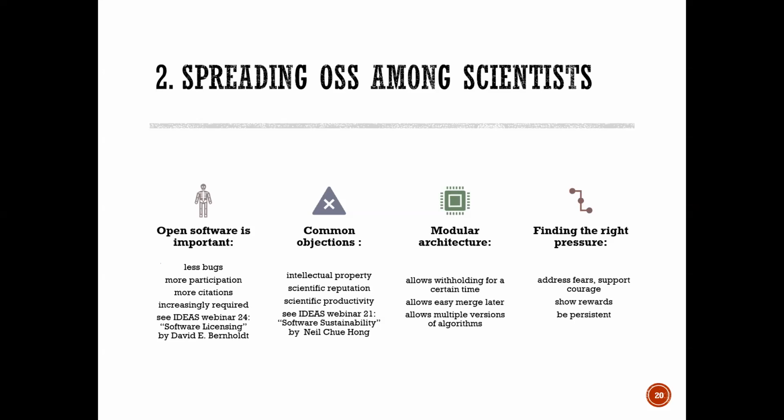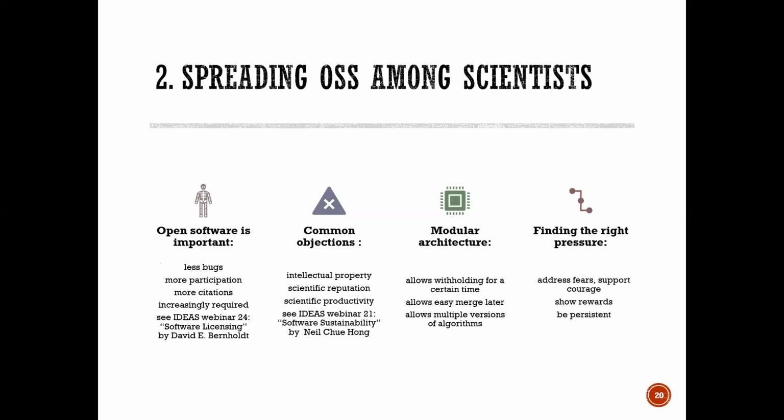And finally, one important point here is to find the right pressure points to convince people. One point is to address their fears. As I said, there are arguments against most of these common fears from spreading open source software, but still it needs some courage to make this step.